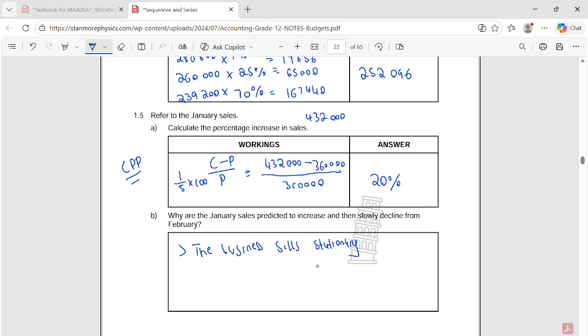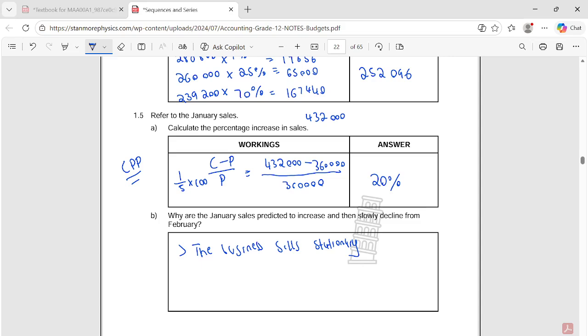But in most cases, guys, in the exam, they always give us full information, right? And another thing, guys, since the company sells stationery, we know that when our school closes, stationery will not be sold. I don't know if you get what I'm saying.